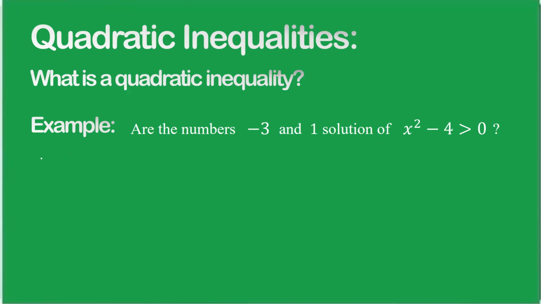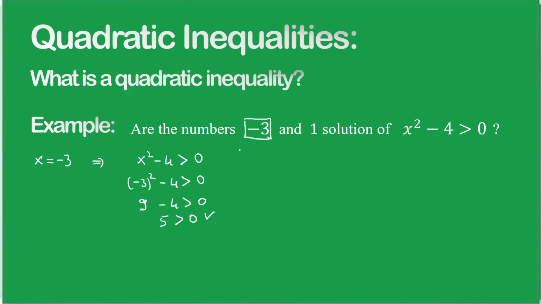At first, if x is equal to minus 3, then the expression x squared minus 4 greater than 0 becomes minus 3 squared minus 4 greater than 0. And here 9 minus 4 greater than 0, 5 is greater than 0. It is true, then minus 3 is a solution of this inequality, as you see.